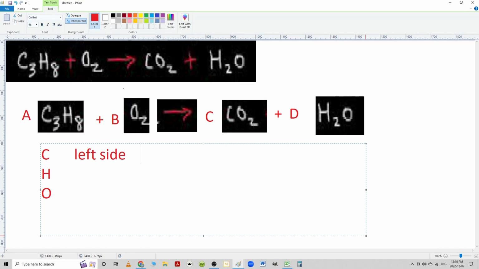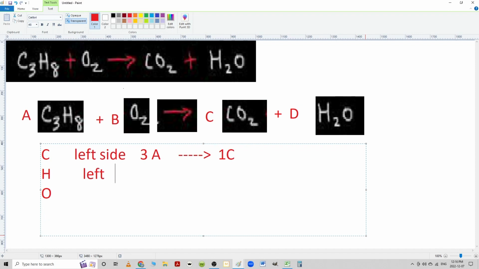How many carbons? 3. So we're going to say 3A on the left side. Now we count up which ones have carbon on our right side. I see carbon only in the C one, which is fine. Sometimes you'll see it in both, and you would just add them up. For instance, we'll see that with oxygen. I only see one C, so it's 1C.